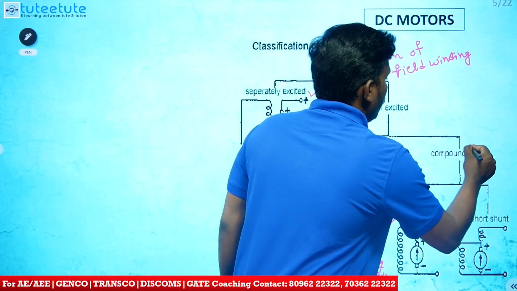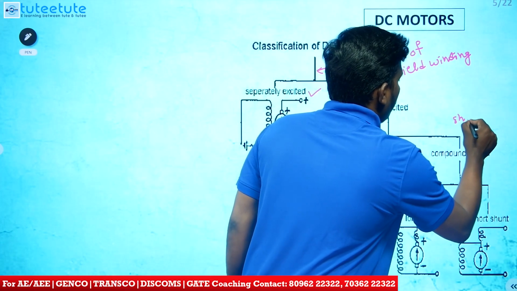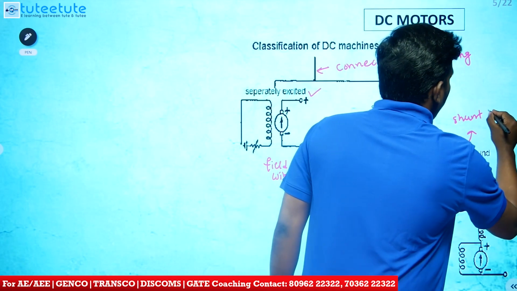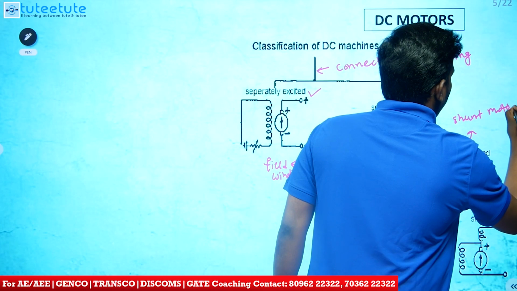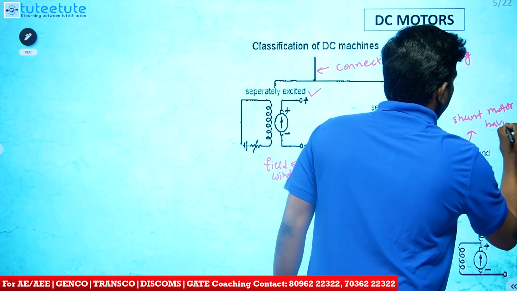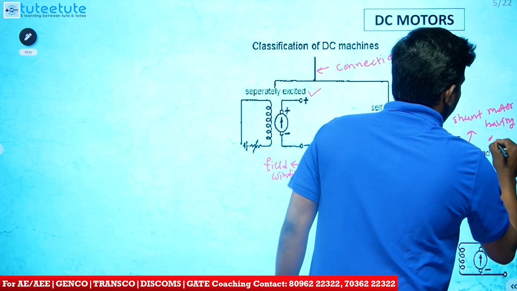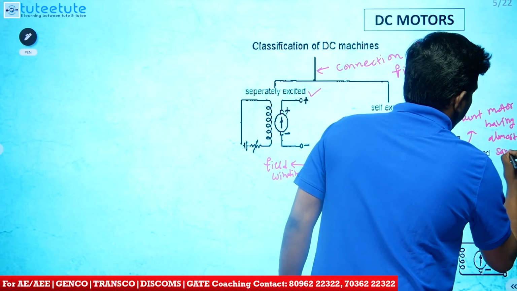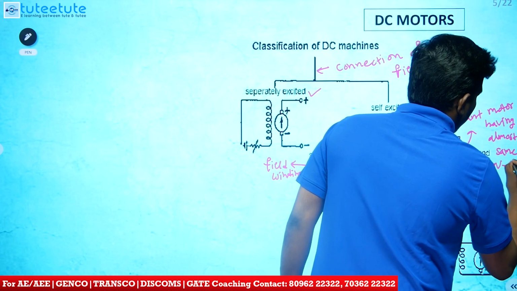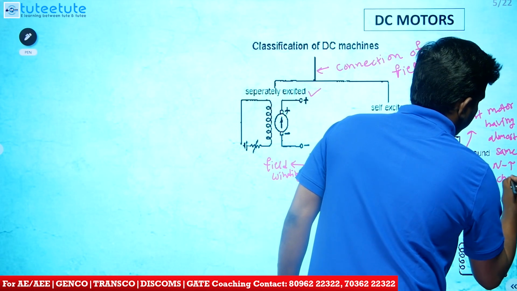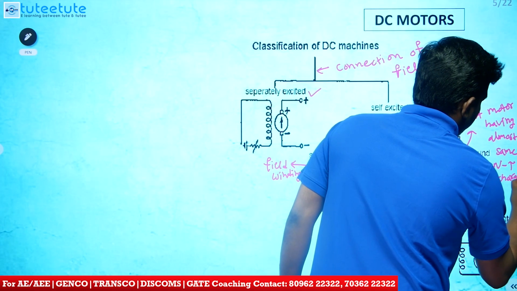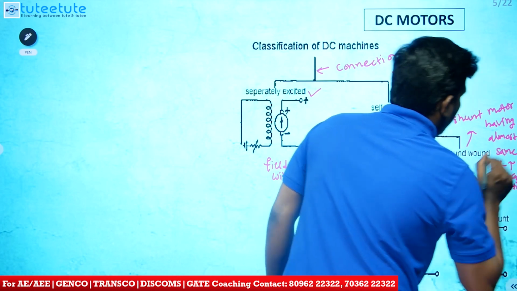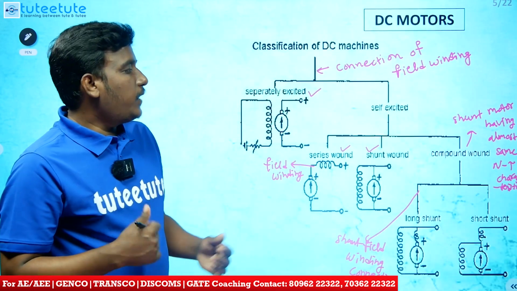Compound motor and shunt motor have almost the same speed-torque characteristics.